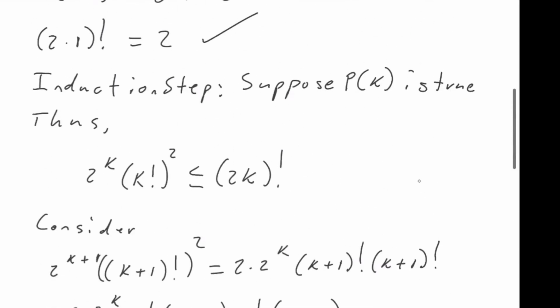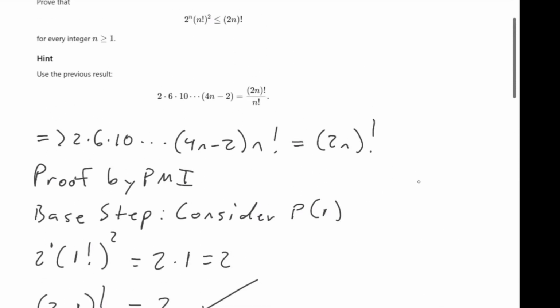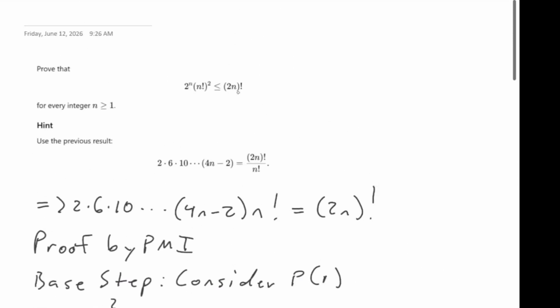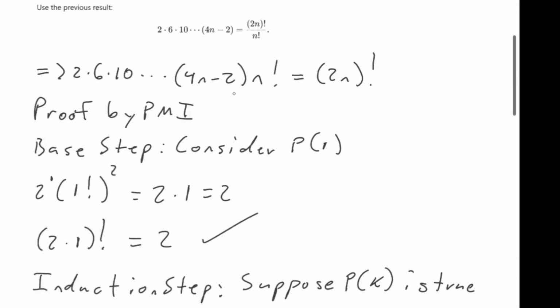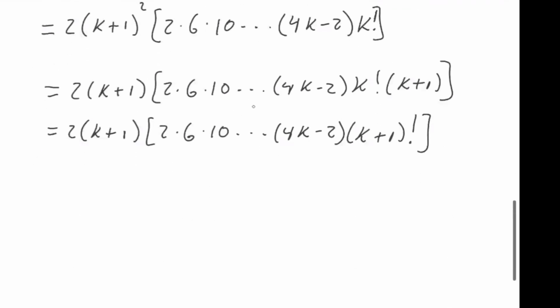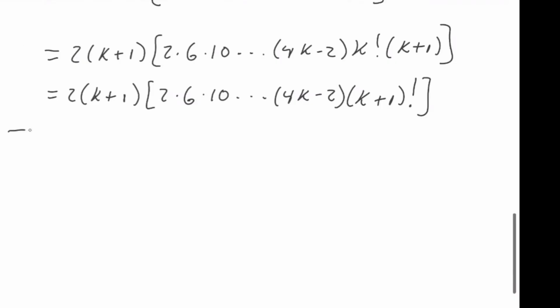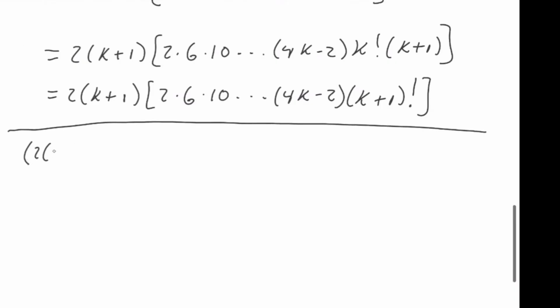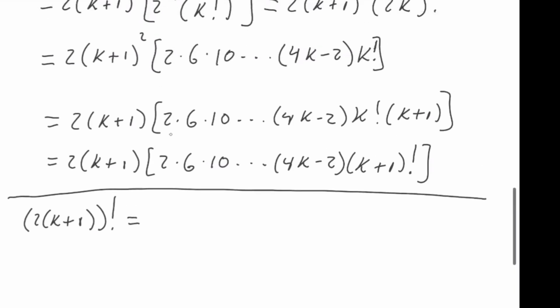Now, I'm going to have to look at what I want. I want to show 2 times k plus 1 factorial. So I'm going to do a little bubble here and see what I've got. So 2 times k plus 1 factorial is equal to, and I'm going to be using this product here because this is what I have.